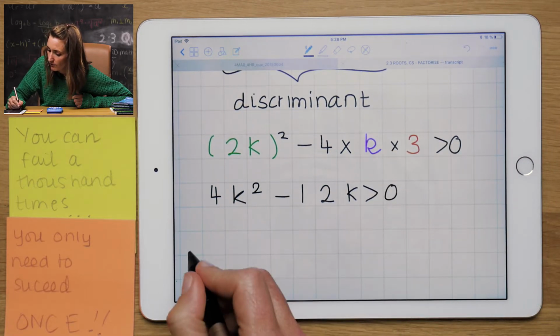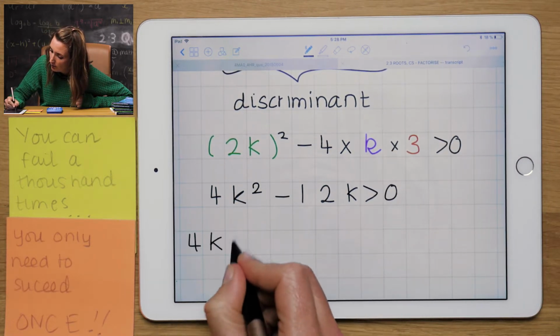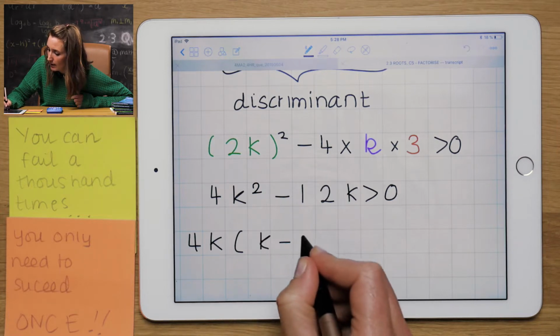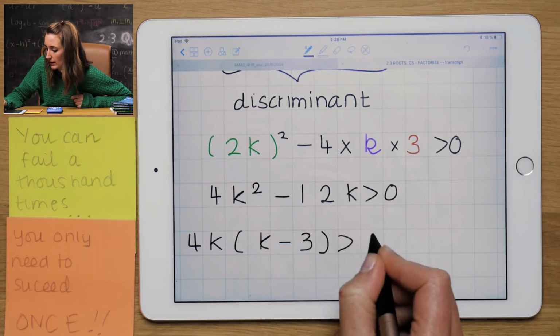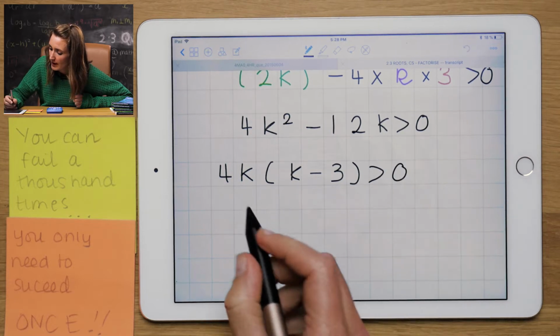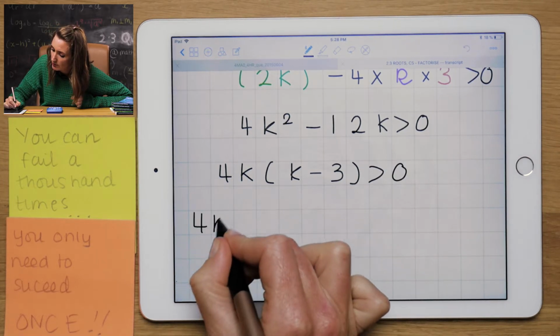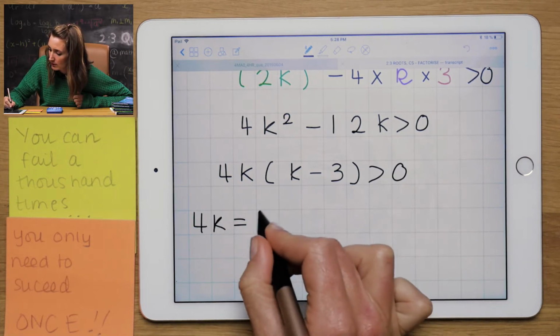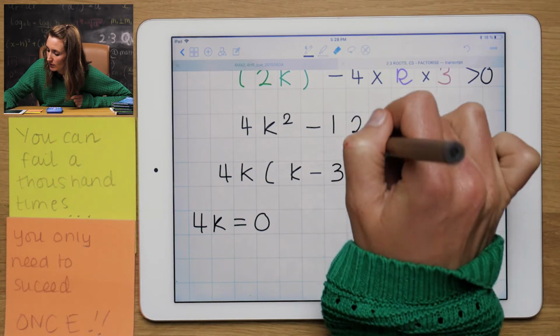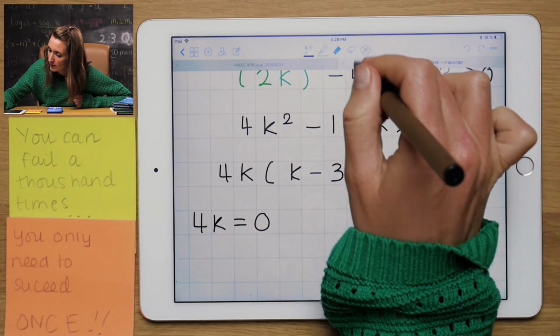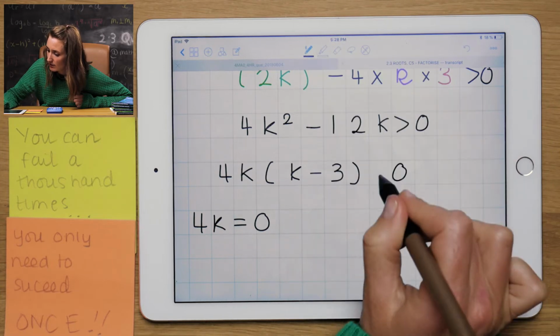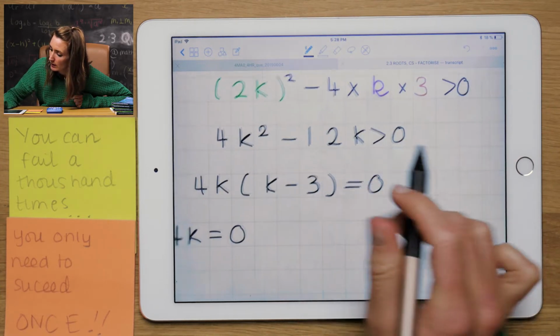We're going to factorize that now. I can take outside 4k, and that will leave me with k minus 3, bigger than 0. So for now, you're just going to imagine it was equal to 0, so that we can draw the graph.